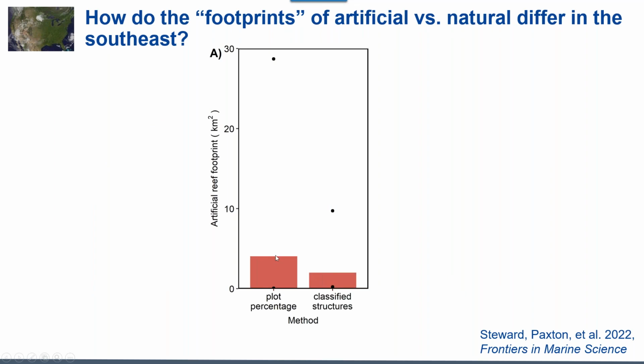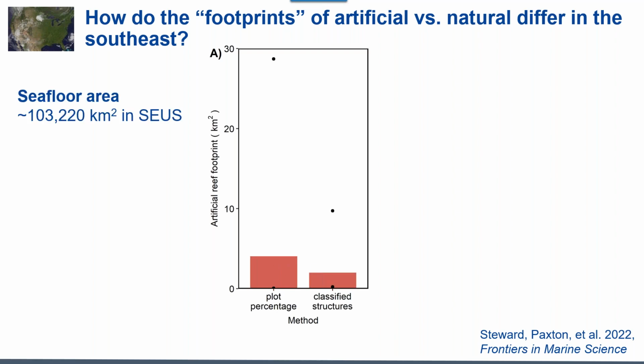For this, we went a little bit more in detail and looked at two different ways of calculating the artificial reef footprint. One is the way I showed you earlier, based on those categorizations or classified structures. And the other is saying that of a particular plot or reef zone, X% is typically covered by reef structures. And so we average these two estimates together.